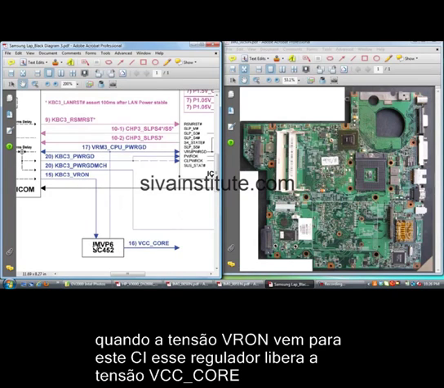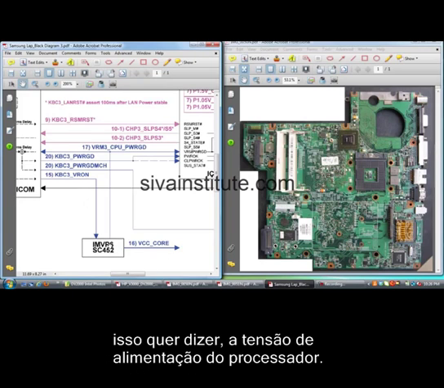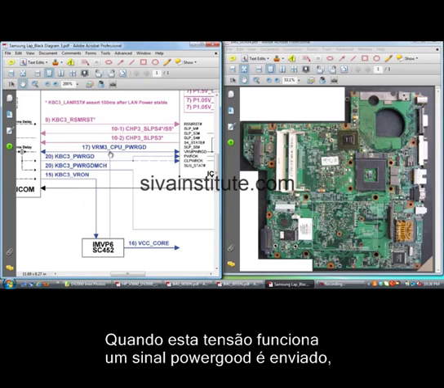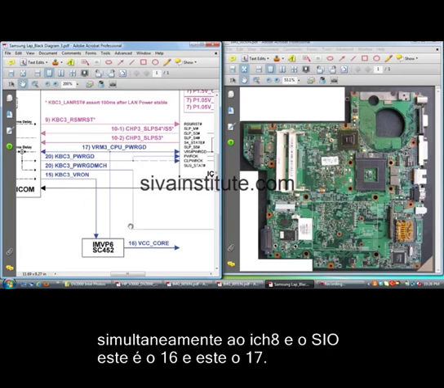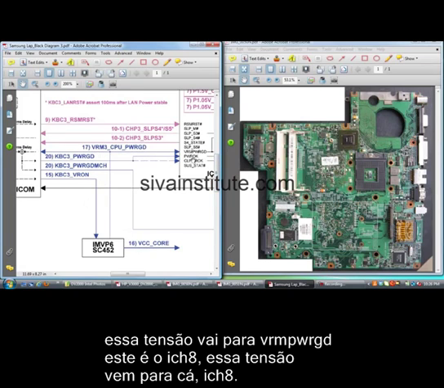When this VR on voltage comes to this IC, this regulator releases VCC core voltage, that means CPU power supply. When this supply is okay, the power good voltage goes to ICH and IO controller. This IC, this is 16, this is 17. This voltage goes to VRM power good. See here, VRM power good.